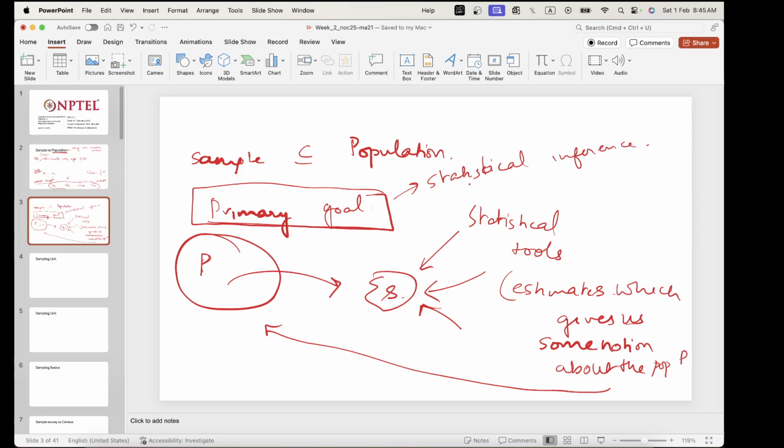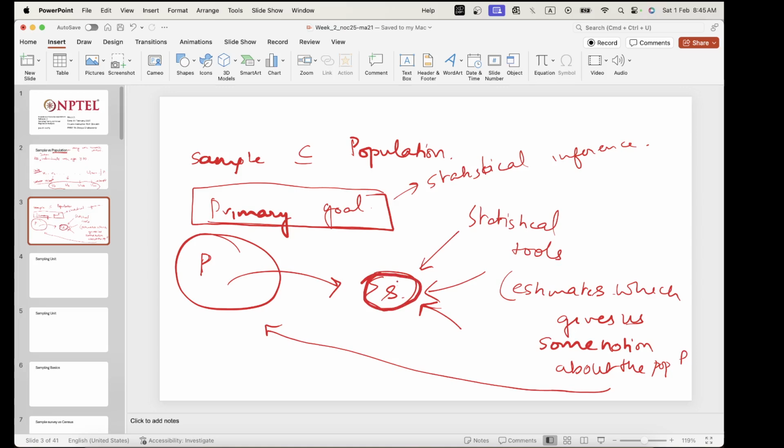All right, now just by the design of what should be a good method of inference, it is not hard to see that how good my inference would be about the population will depend on how well I am sampling from this population.